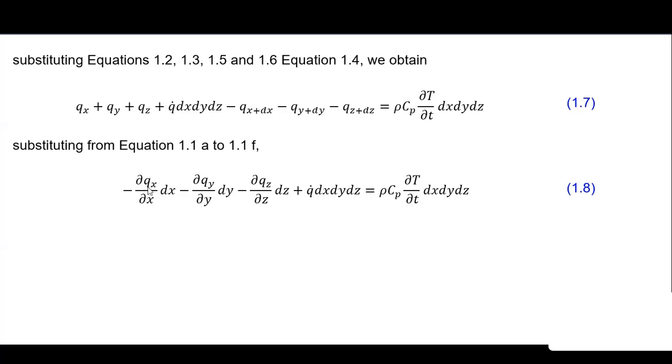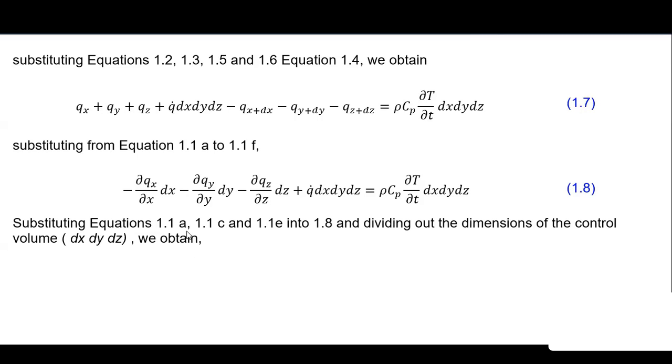Now for Qx, Qy and Qz, you can recall that we have equations 1.1a, 1.1c and 1.1e, in which we have written the equations for Qx, Qy and Qz. So we use 1.1a, 1.1c and 1.1e in equation 1.8.